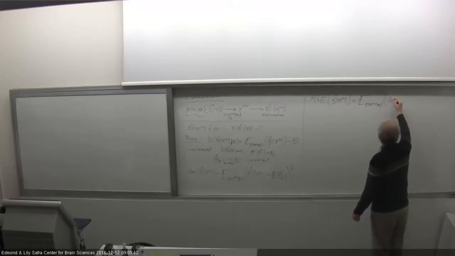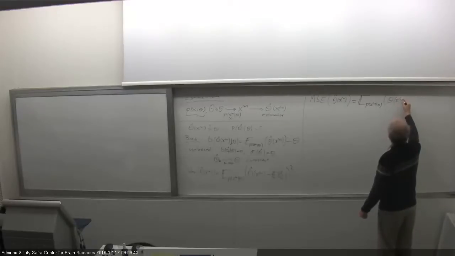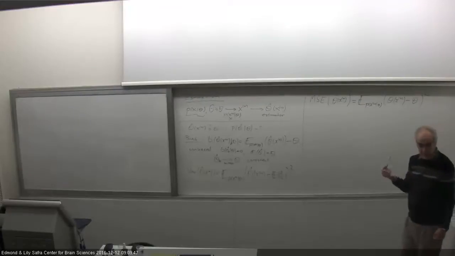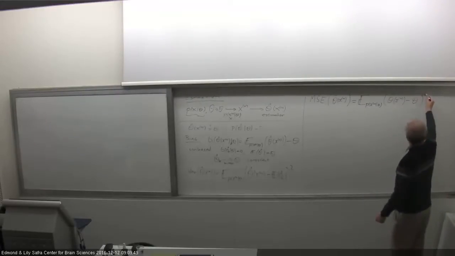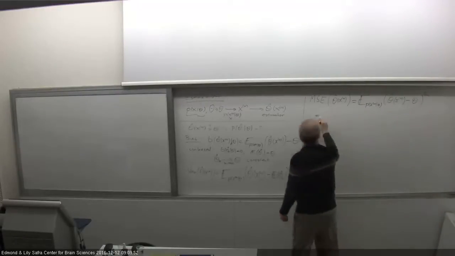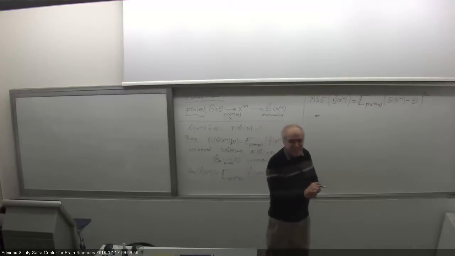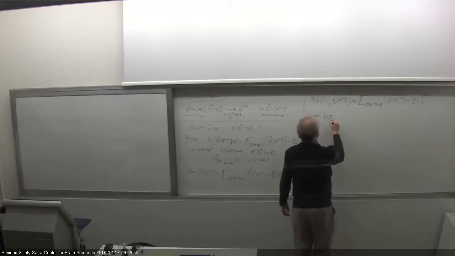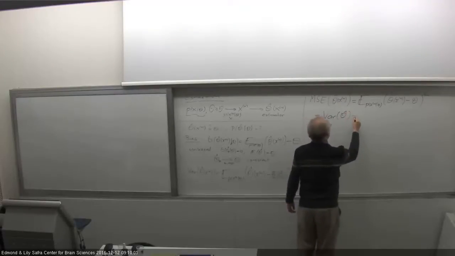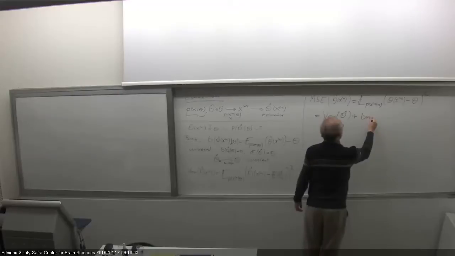It's the average square deviation from theta. And as I argued last time, and I hope all of you convinced yourselves this is true, this is simply the variance of the estimator plus the bias squared, b squared.